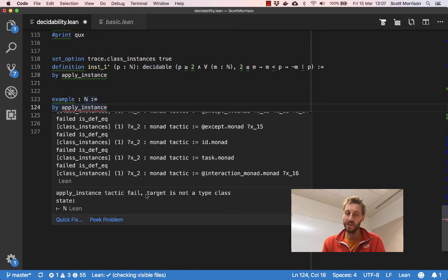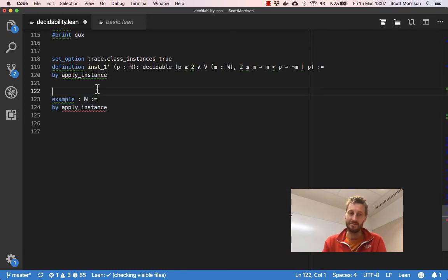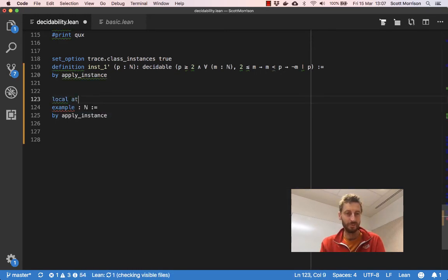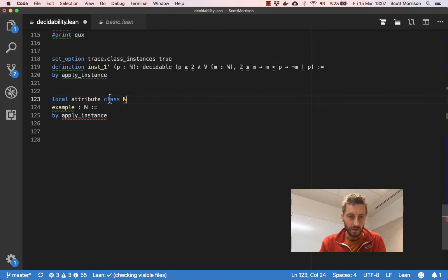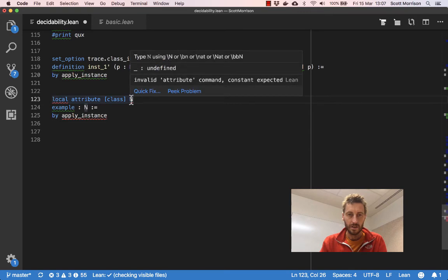So it is checking that the thing you're trying to produce an instance of has been marked with this class attribute. But we can do that. We can probably write local attribute class, definitely works, nat. Need some more square brackets around the class.